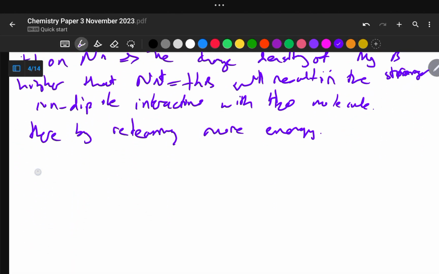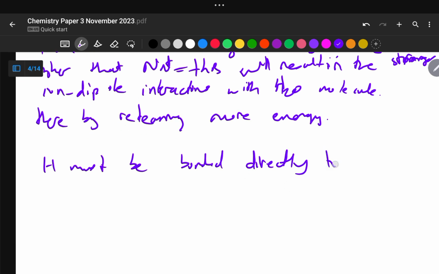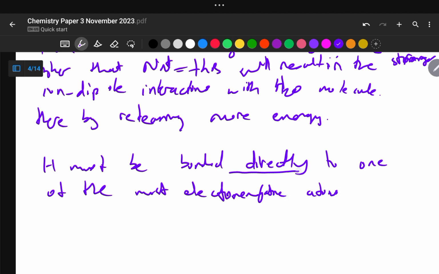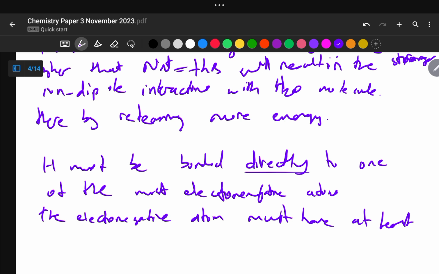So hydrogen must be bonded directly to one of the most electronegative atoms. Must be bonded directly, and then the electronegative atom must have at least one lone pair of electrons.